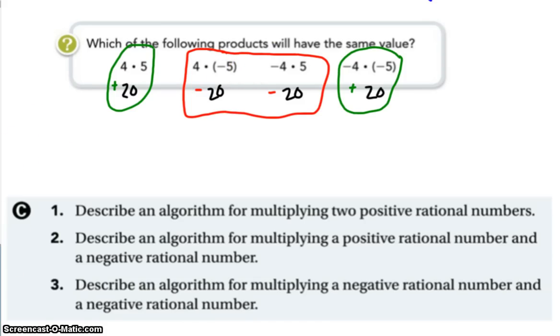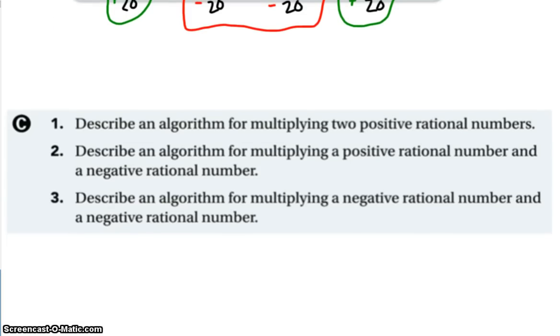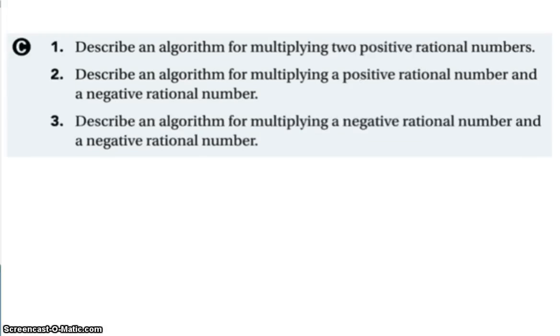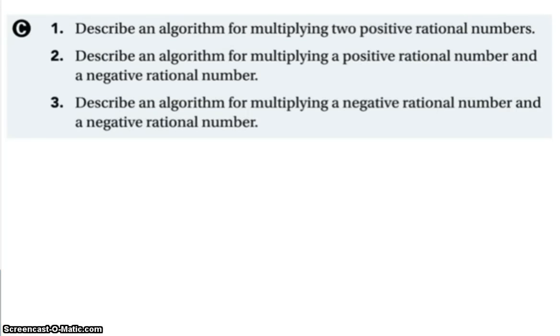So let's take a look at the algorithm or the steps for coming up with the answer for two rational numbers, either positive or negative or a combination of the two. So for C1, we're going to take a look at the description of an algorithm for multiplying two positive rational numbers.